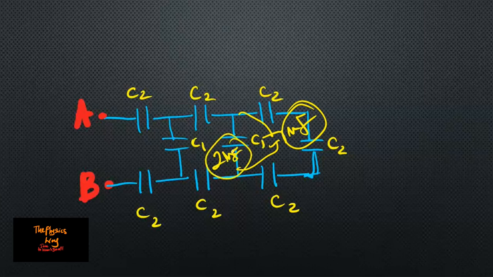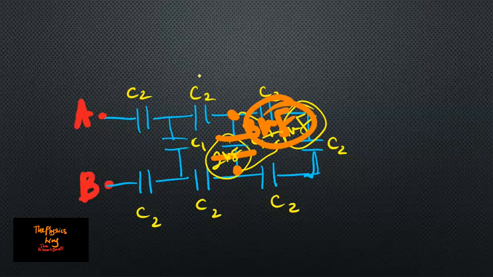We can directly add them because they are parallel. So 2 plus 1, that's 3. That means between these 2 points, we have a 3 microfarad capacitor.